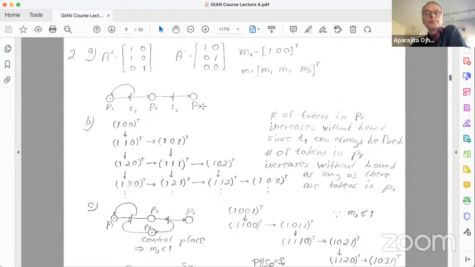this Petri net. But then there is an interesting behavior here, namely that there is no restriction on this T1. It can continue forever and produce more and more tokens there. And we can see that by generating first, we see that the initial token is only in place 1: 1, 0, 0, no tokens in the second and third.